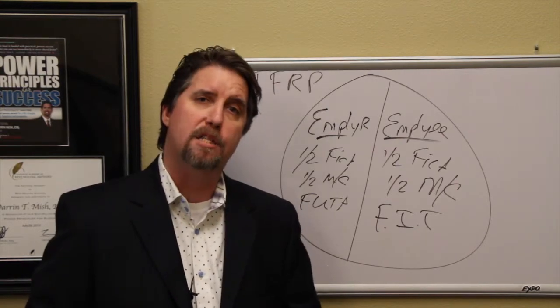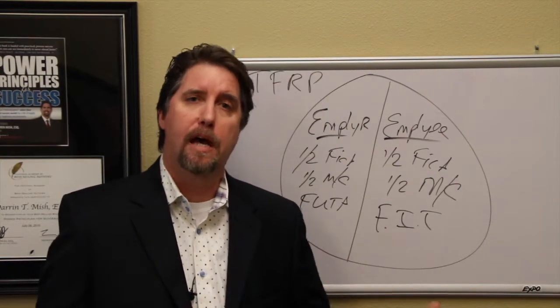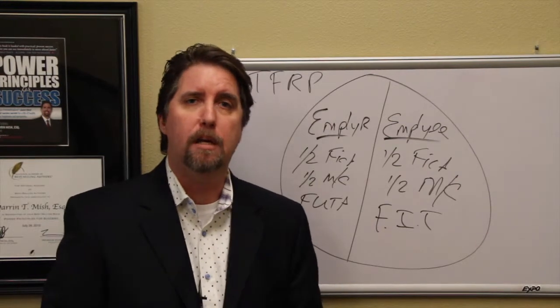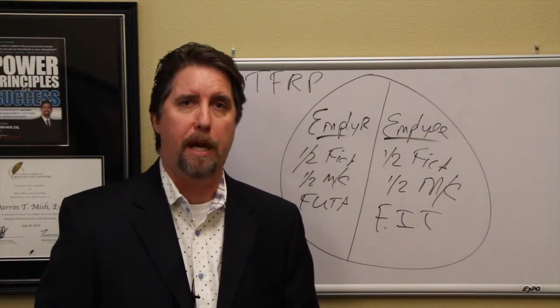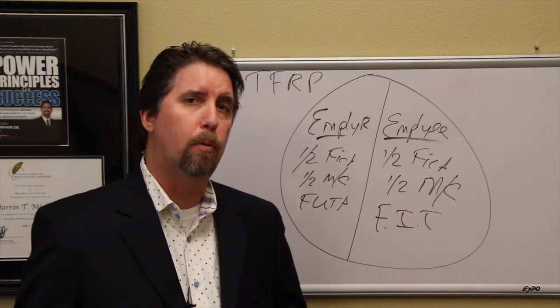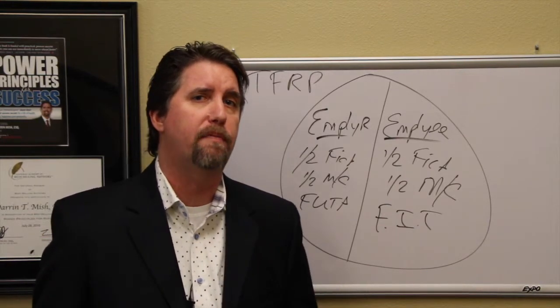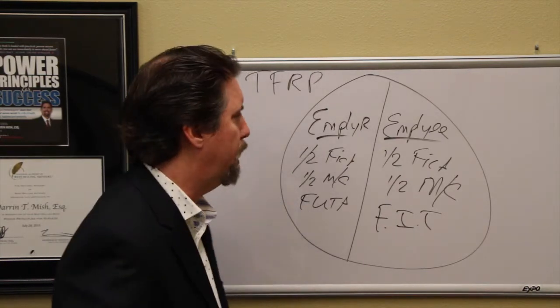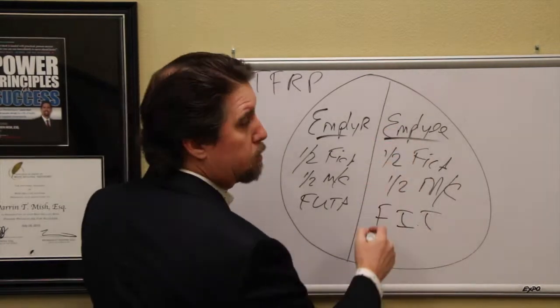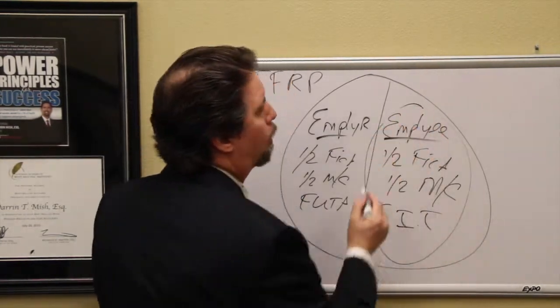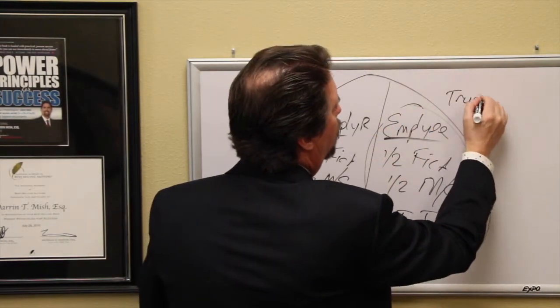The employee has to pay half of the FICA, half of the Medicare, and then they have federal income tax automatically withheld from their paycheck. And that's something that the employer is supposed to do for the benefit of the U.S. government and the employee. So this larger half is what we call the trust fund portion.